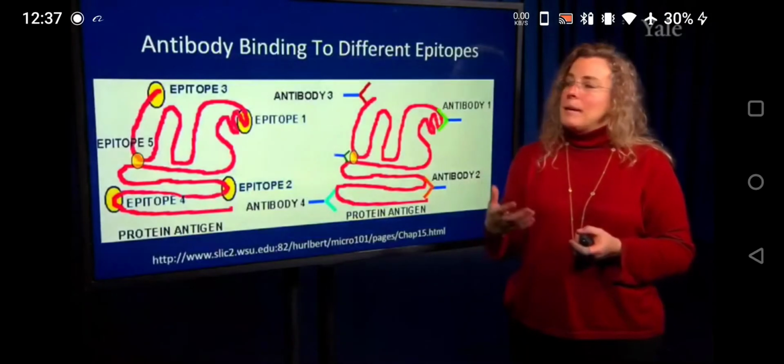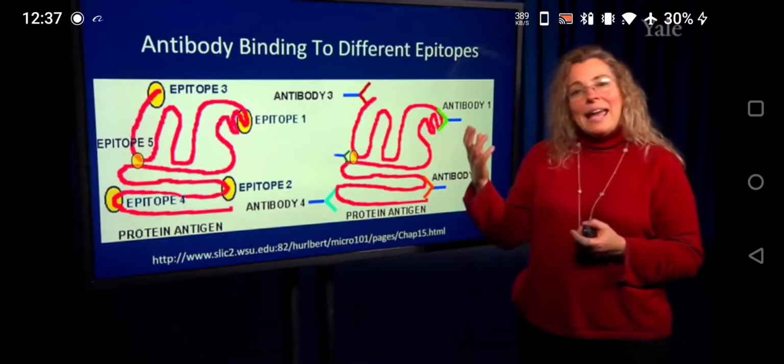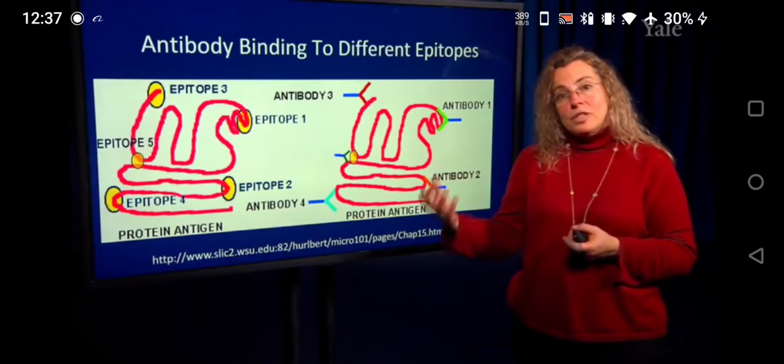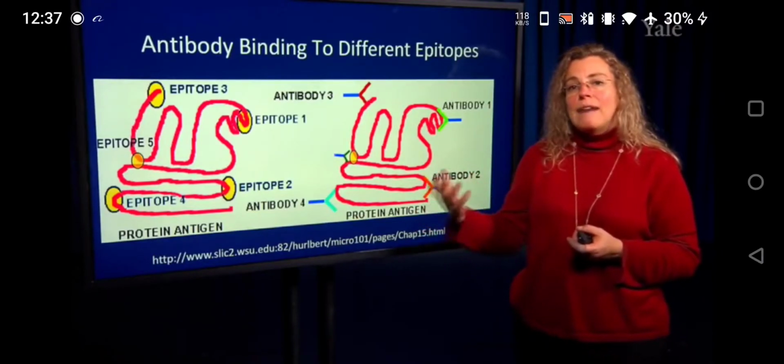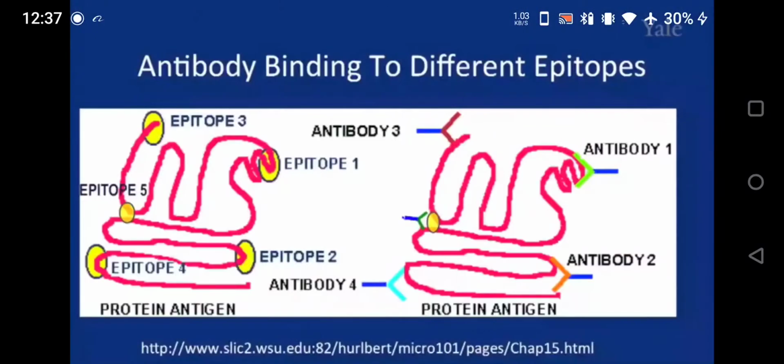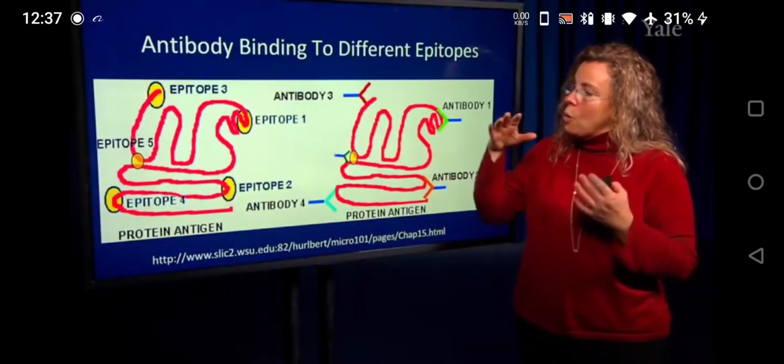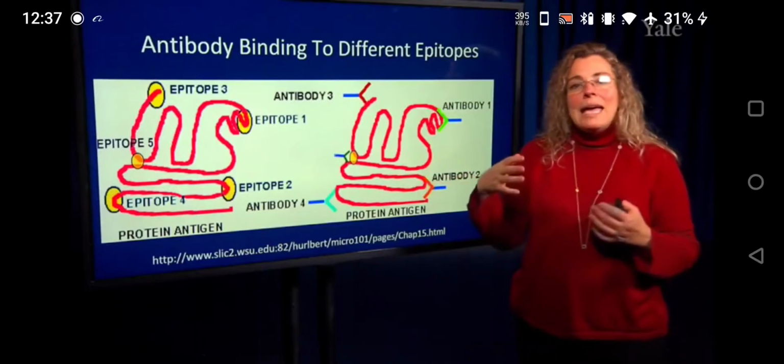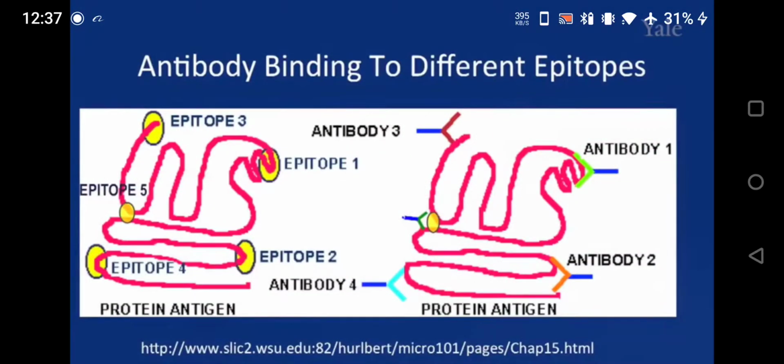And along the same lines, remember that antibodies generated to a particular protein antigen, you will have many different antibodies generated to different epitopes. Some of these epitopes might be linear in the protein, but some of them might be conformational, such as shown here, where this epitope is created by the protein folding and two pieces of the protein coming together that are not sequential in the amino acid sequence.